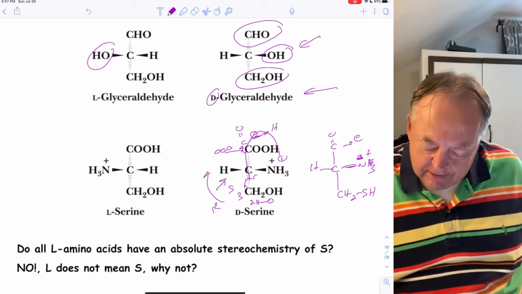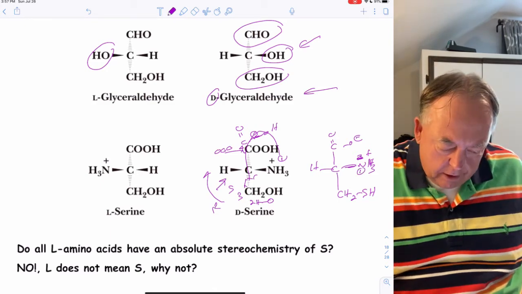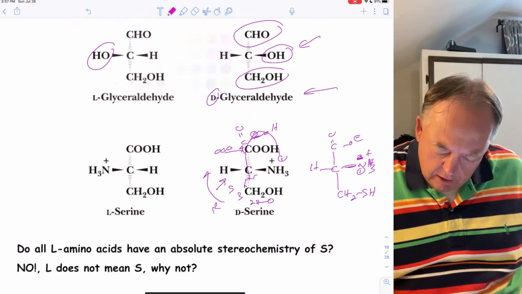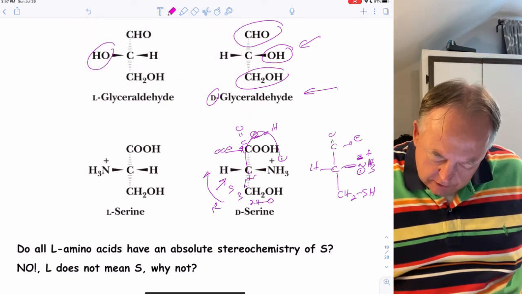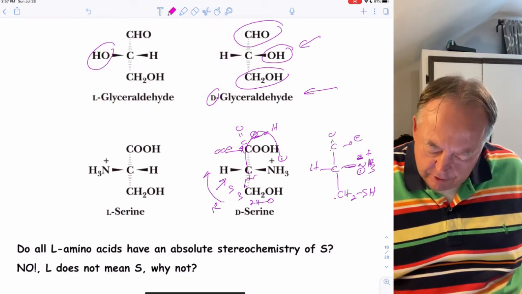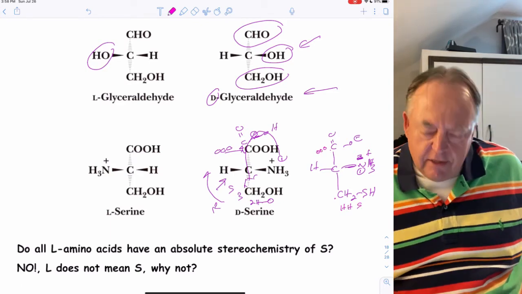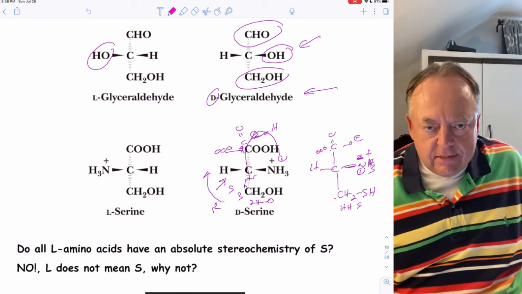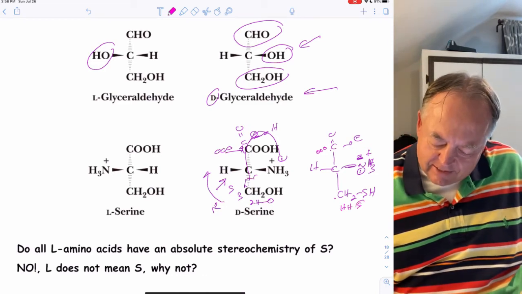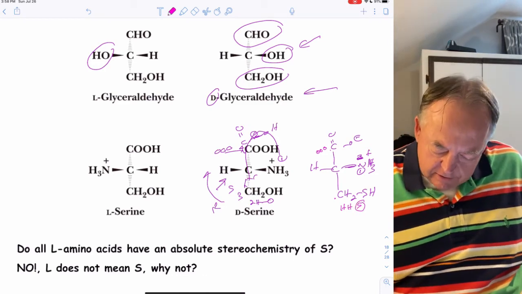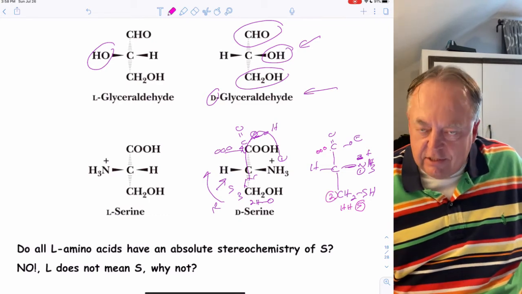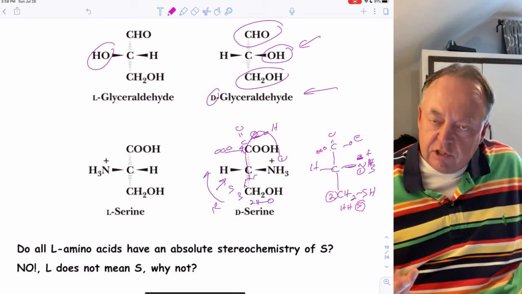But if this is cysteine instead, this is still priority number 1. But then you go to carbon and carbon, those are the same. Here you go to hydrogen, hydrogen, and sulfur. Here you go to 3 oxygens, and you don't add masses up, right? You just look for the thing that has the highest mass, which is sulfur. So if your side chain is cysteine with the sulfur there, then that changes the priorities.